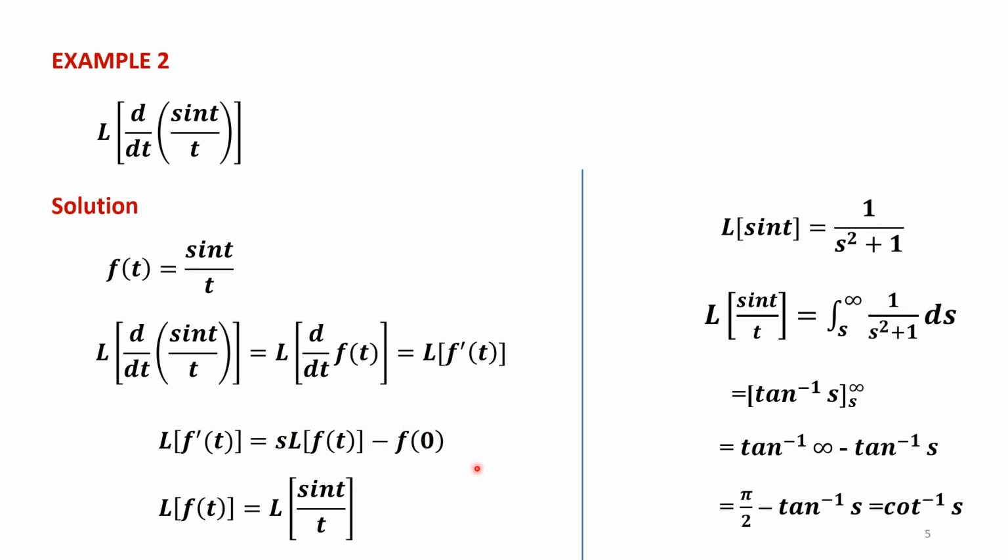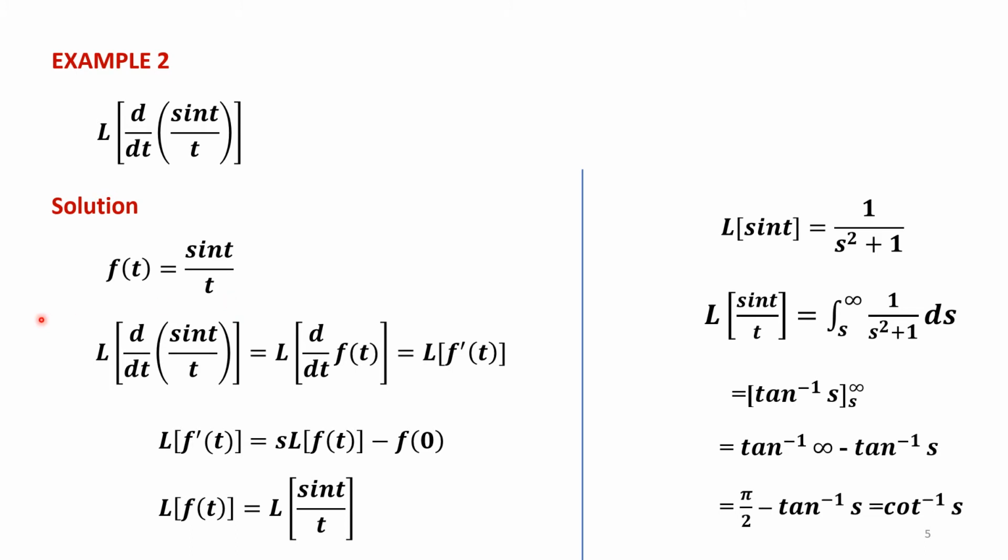Now we have to calculate f of 0. What is the value of the function when t is 0? What is the limit as t tends to 0 of sin t upon t? We know that this standard limit is equal to 1.